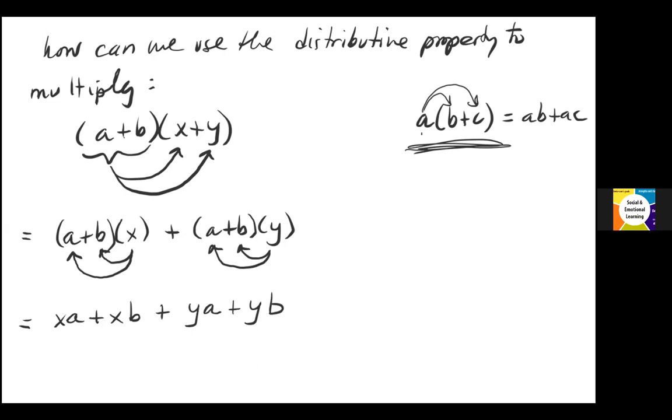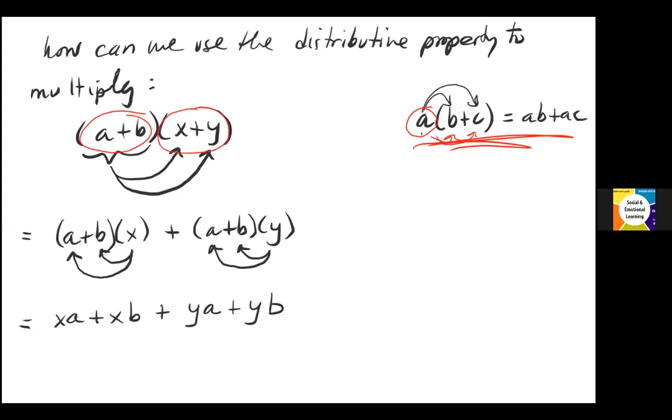Cool. The regular distributive property, as we wrote up here, we just end up with 2 terms because we're distributing one variable into a bracket with 2. But here we have 2 variables multiplying 2 variables.